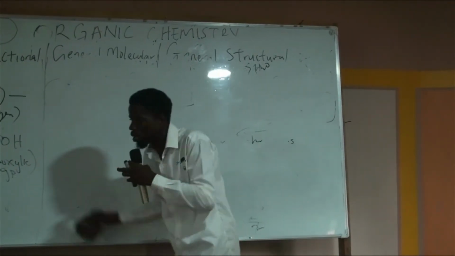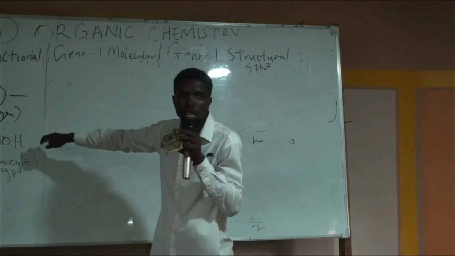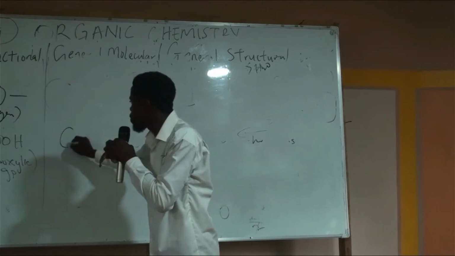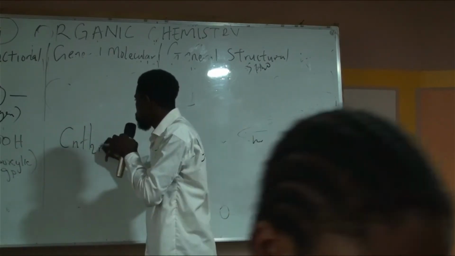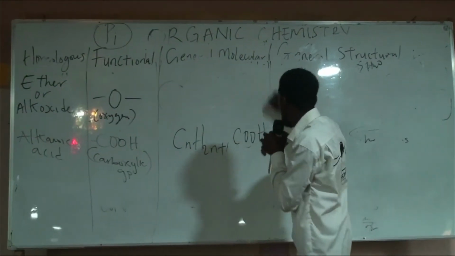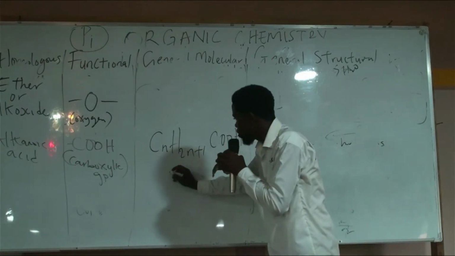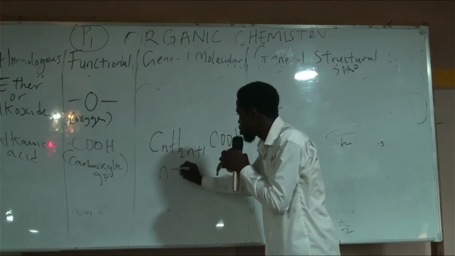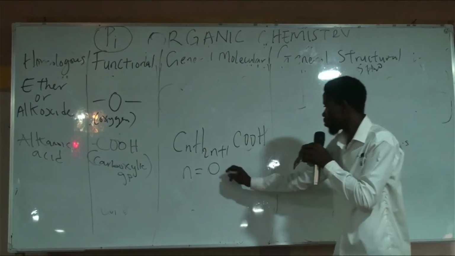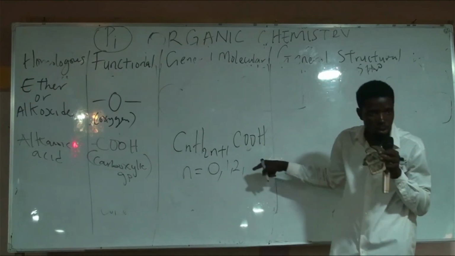Listen. I've already started teaching you naming. If you come to the carboxylic group, the general molecular formula is CnH2n+1COOH, where n starts from 0.